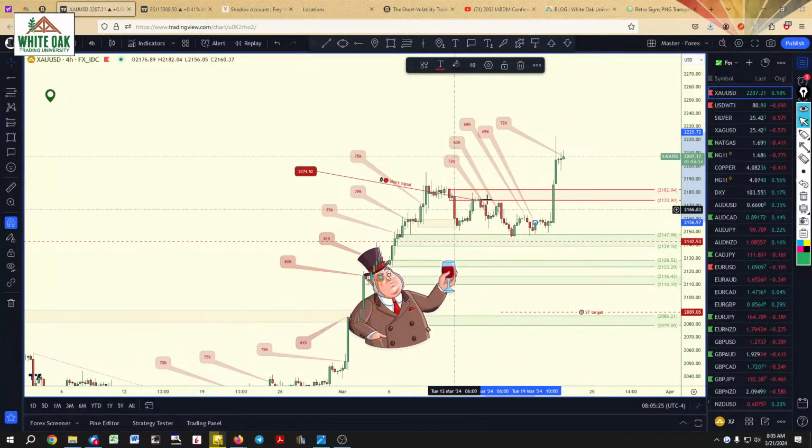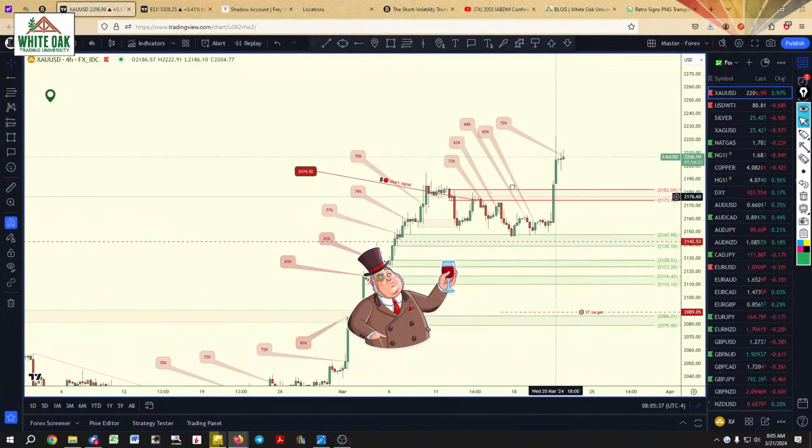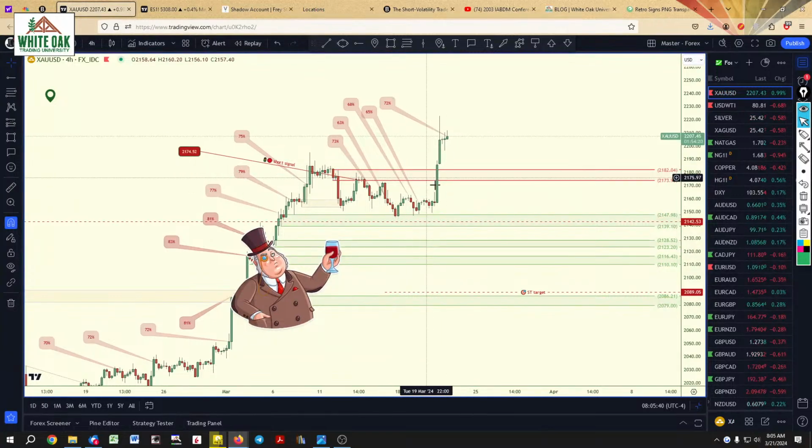Why is that? Because they thought price was going to continue lower. They thought price was going to do this. So you think the banks are going to allow them to profit from those positions? Especially not with demand in play. As you can see, this area of supply has been removed, this one right here. And we got the big drive to the upside, and we're at 72%.